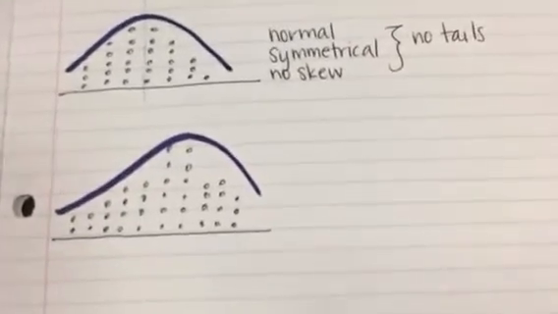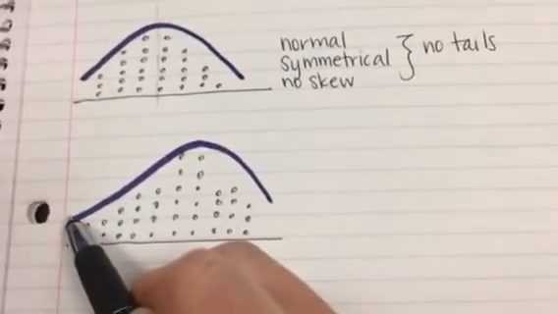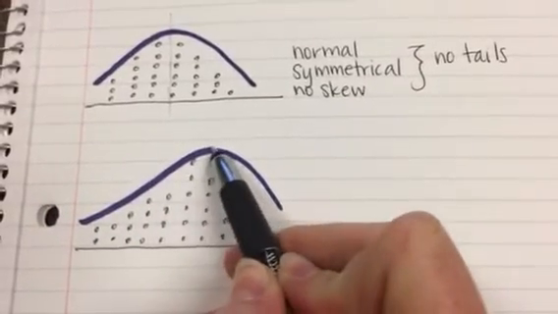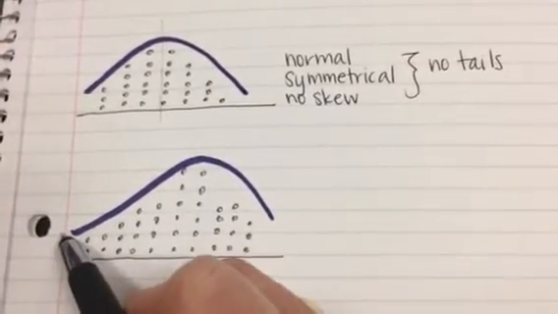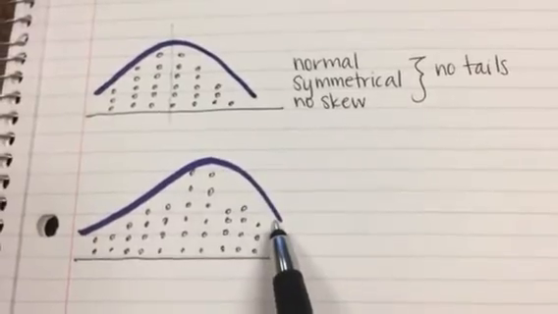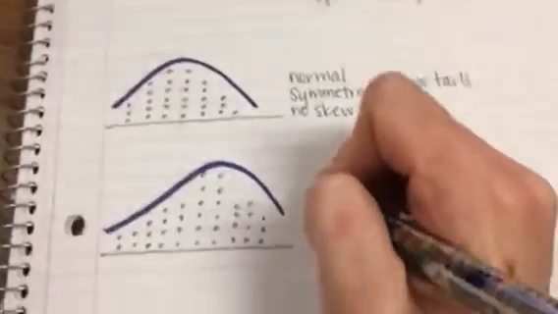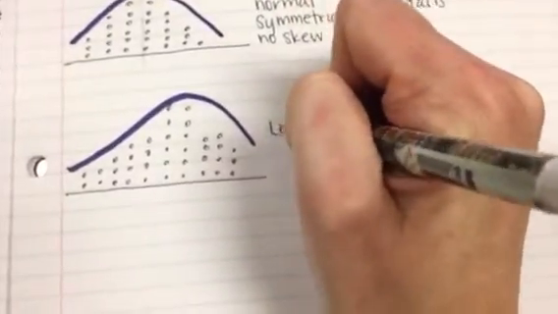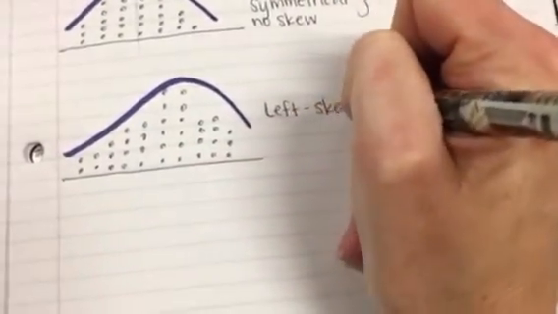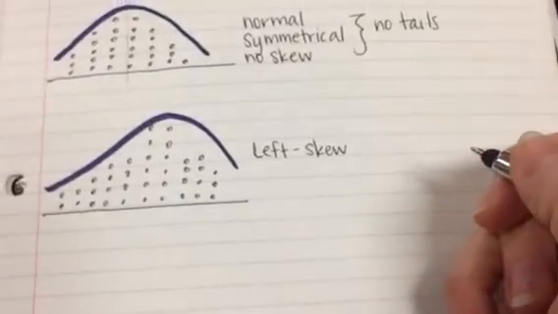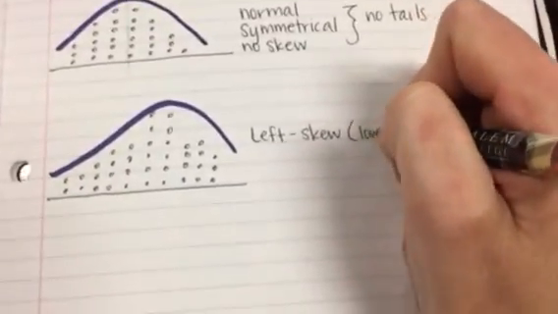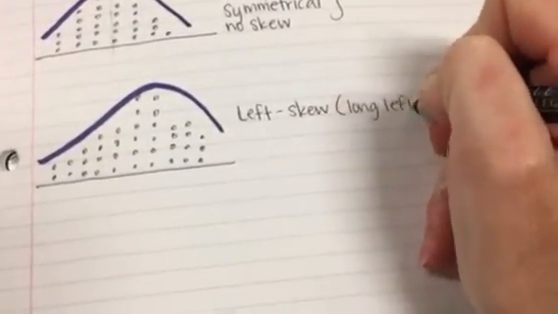The last graph that you drew looks something like this, and you're going to notice that the tail on the left side of the graph is the longest, and the tail on the right side of the graph is much shorter. So this is called a left skew graph or a skew left graph, and that means that we have a long left tail.